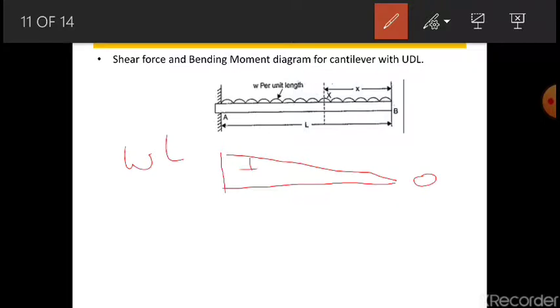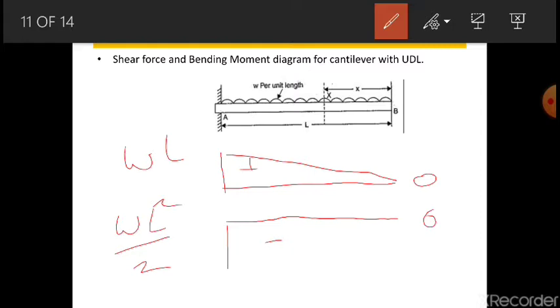Now same thing is the bending moment diagram. In this case it is minus, so below. What is the value at B? It is again 0 here, and at A it is WL square by 2. So you come WL square by 2. It is not fixed that you have to take this much distance, but just come below and just join it.